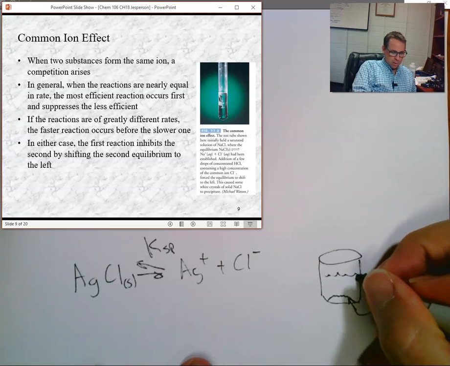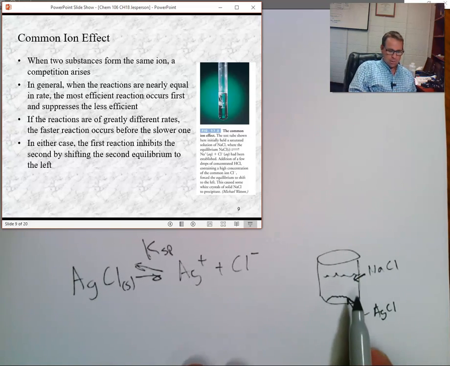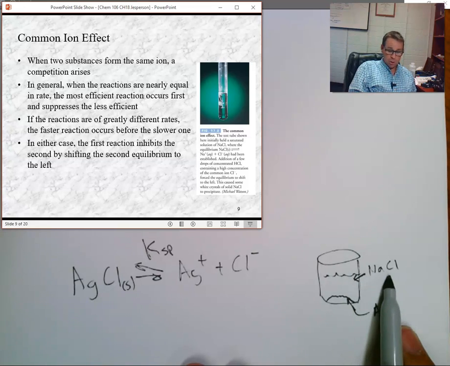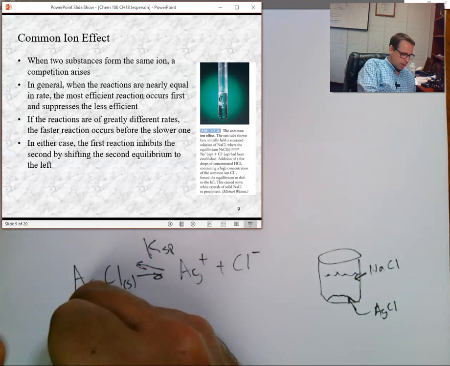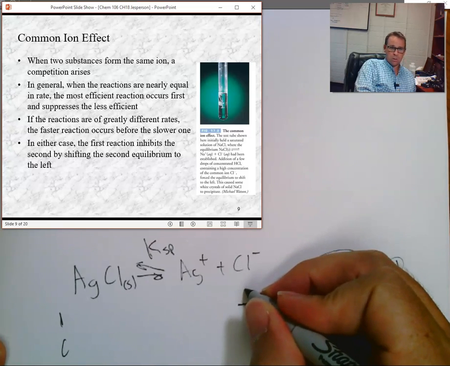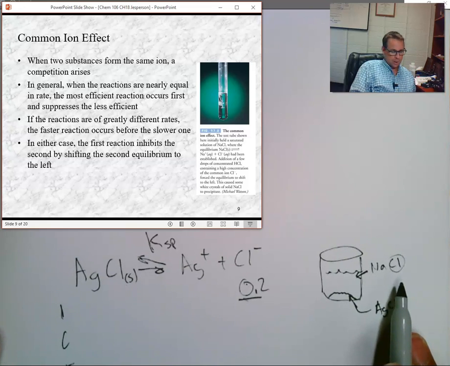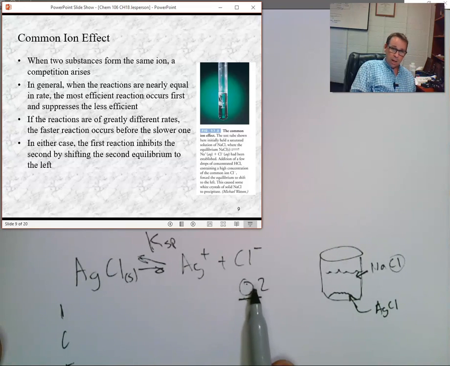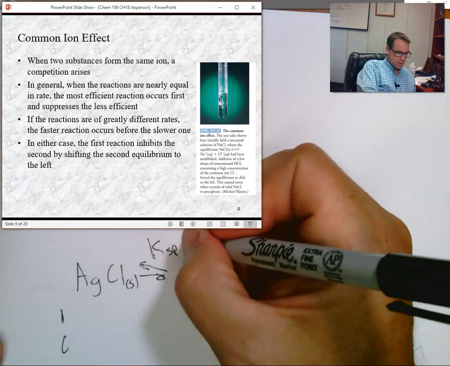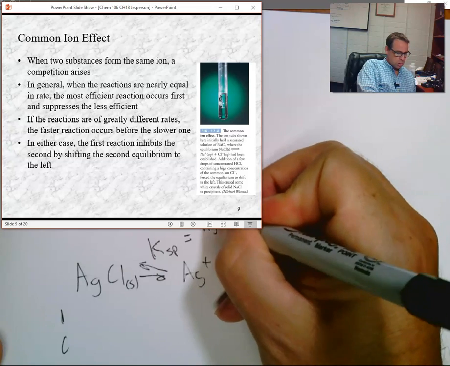But if I also try to put a little bit of sodium chloride in the solution itself, so the solution has some soluble chloride ion in it already, then when I write out my ice table, the concentration of chloride ion will start here at some value. Maybe I put in 0.2 molar sodium chloride, for example. And that concentration of chloride ion, when the KSP is actually written, silver ion concentration, chloride ion concentration, right?